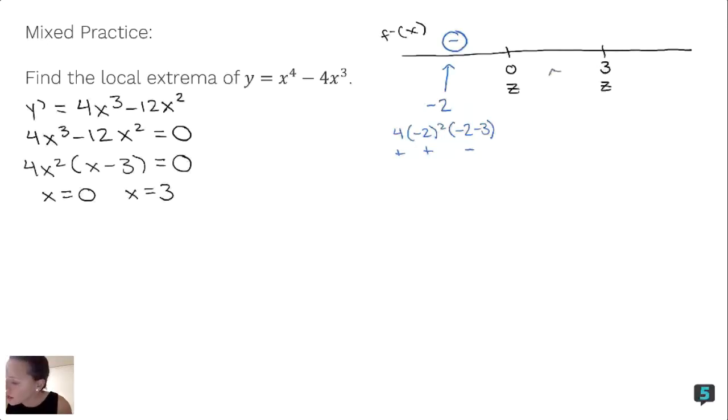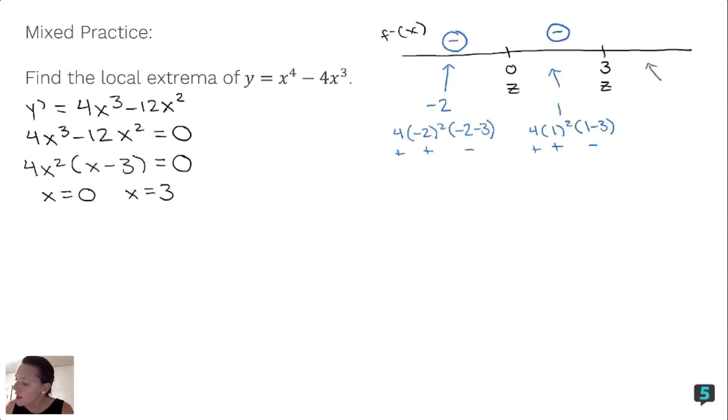All right, let's plug in 1 for that interval between 0 to 3. So we're going to have 4 times 1 squared times 1 minus 3. Positive times a negative. From 0 to 3, I find that my interval is still negative. F prime of x is negative from 0 to 3.